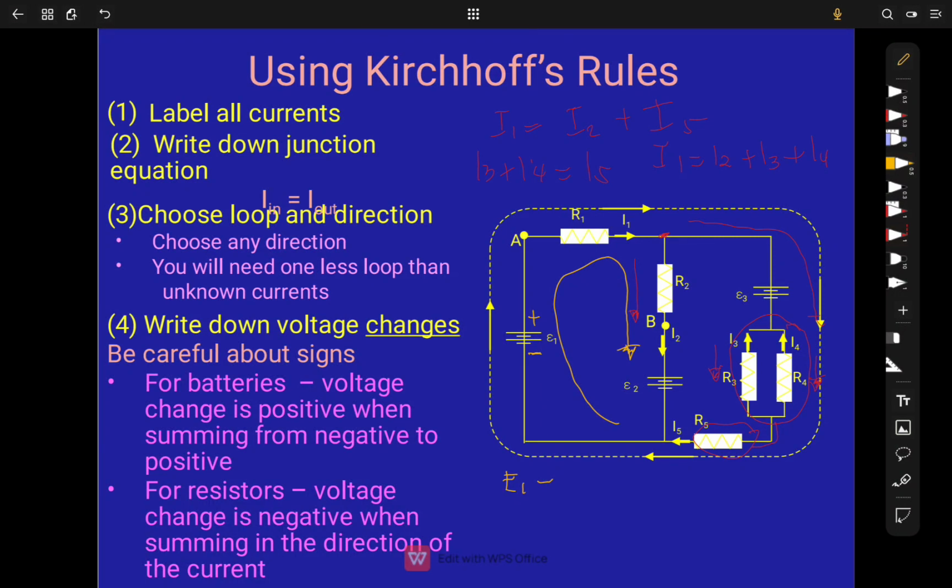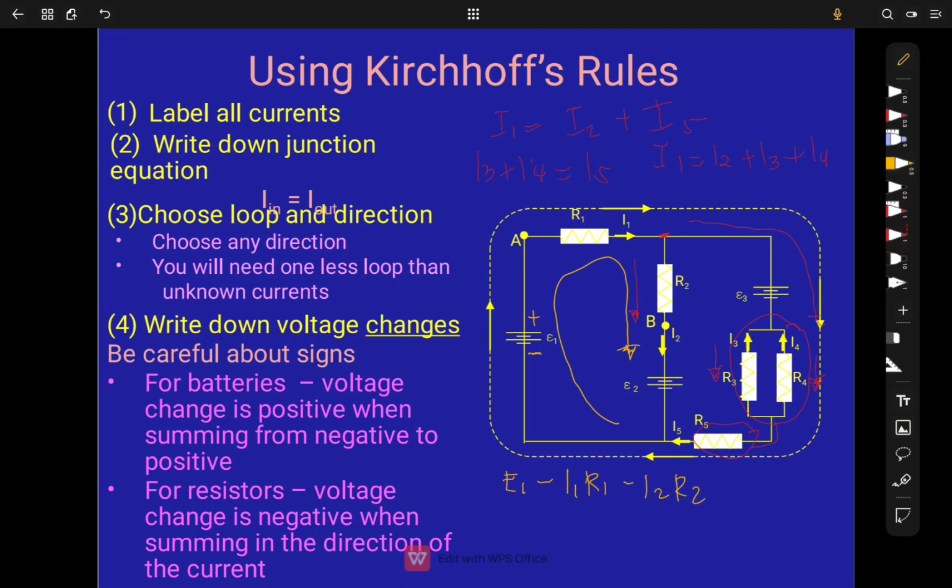So that is minus I1 R1, and then punta siya dito sa R2, right? So, dadaan ulit. So, that is same way. So, that is negative I2 R2.